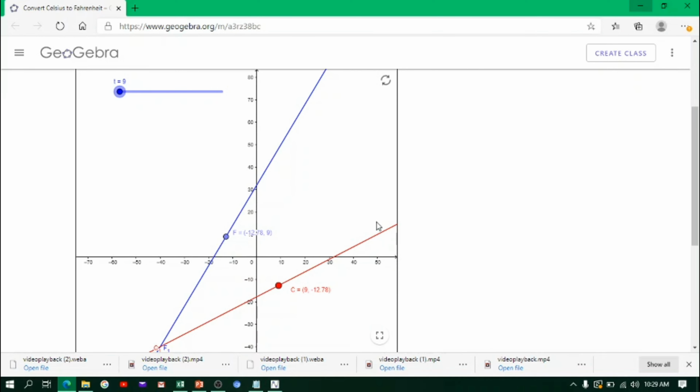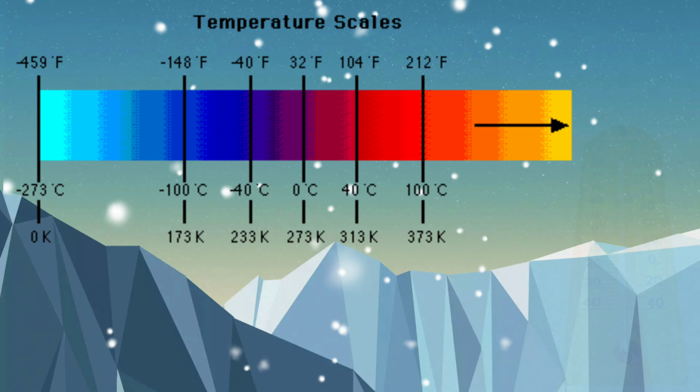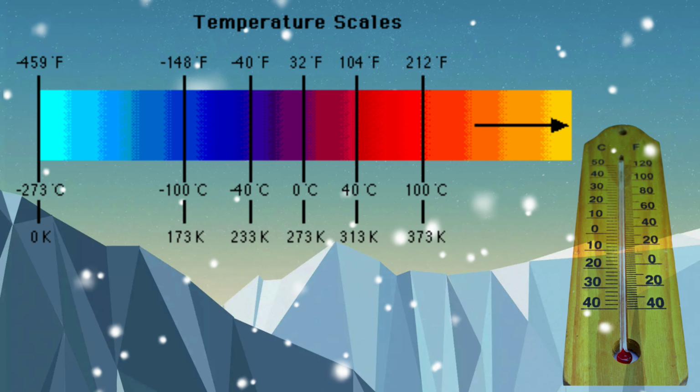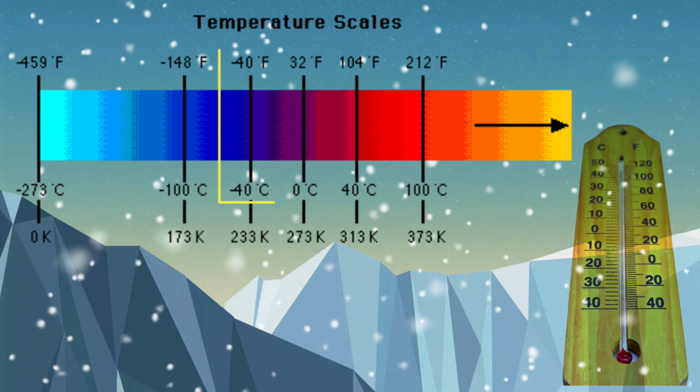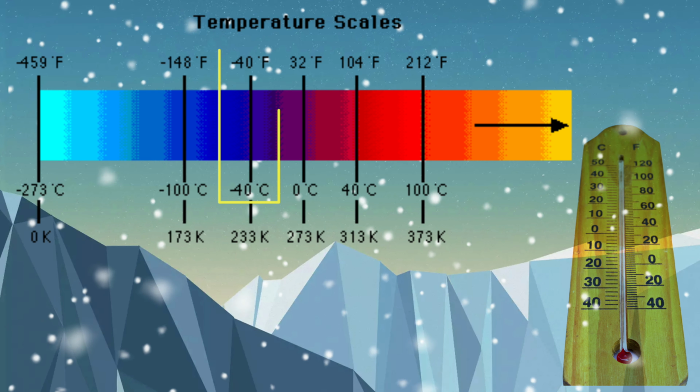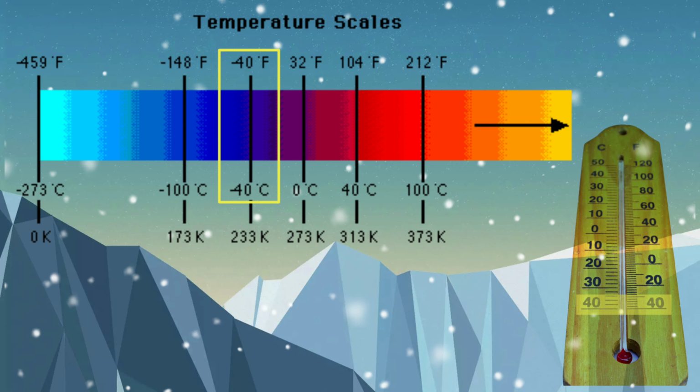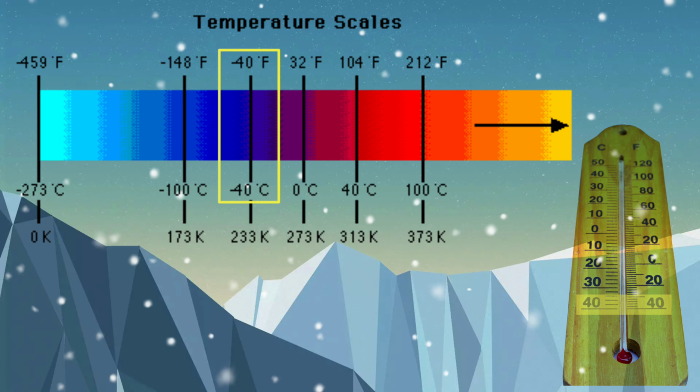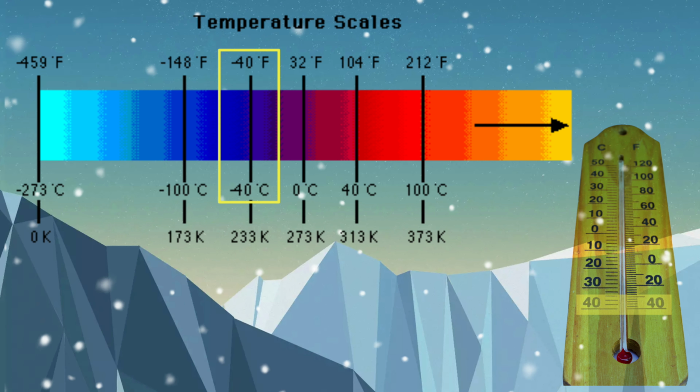So to summarize all of this, it is only at the extreme cold value of -40 that both temperature scales, Celsius and Fahrenheit, have the same value. So the next time we encounter this kind of trivia question, we can easily give an answer right away.